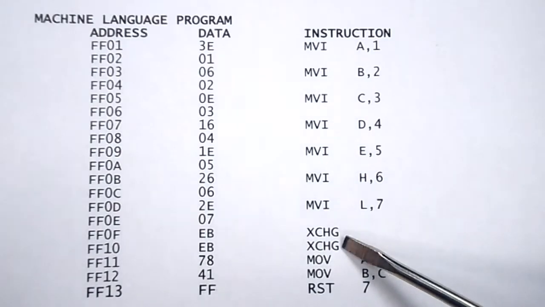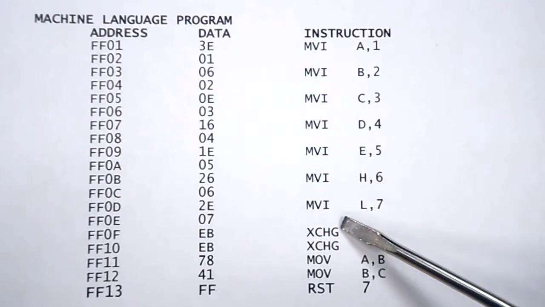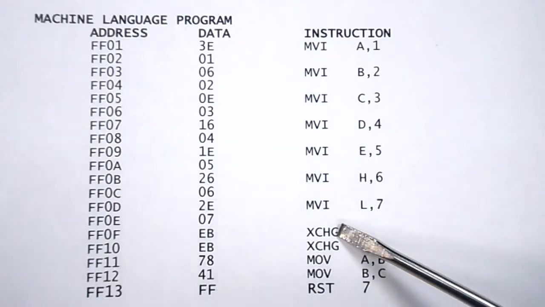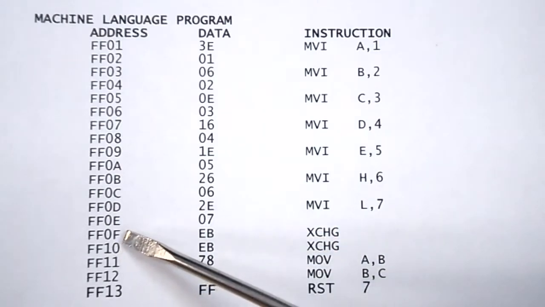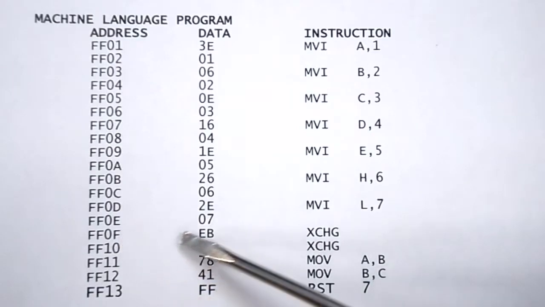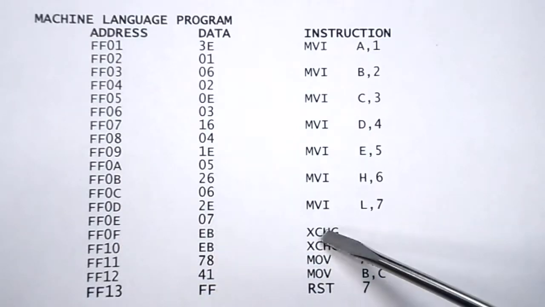So it makes sense to put a breakpoint somewhere around here so that we can see if this is actually working. So we're going to set a breakpoint at FF0F, so it should break before it does the first exchange.